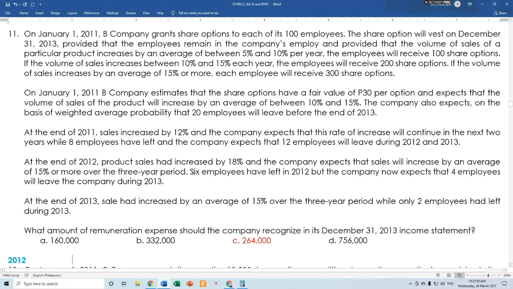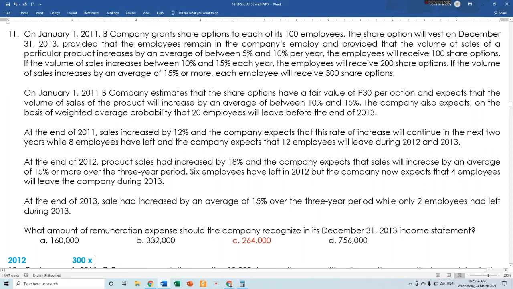So, ilan yung share options na ibibigay natin? If that's 18%, that is going to be 300 share options. So, 300 share options multiplied by ilan yung employees. Di ba may 100 employees? Ang estimate nila, 4 pa yung aalis. So, i-consider natin yung umalis na ng 2011.